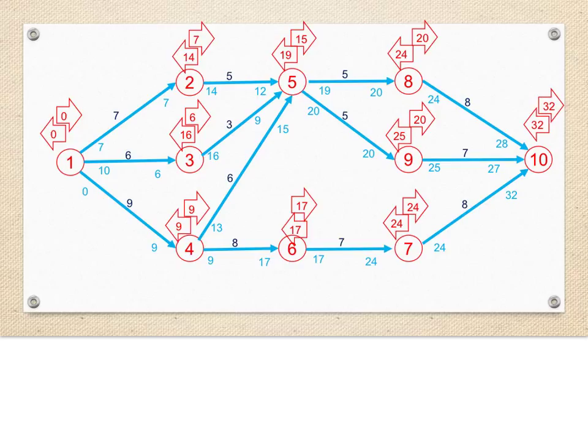We then look at the differences between the earliest start times and latest finish times of each event to determine the critical path. And we find that the critical path is task 1.4, 4.6, 6.7, and 7.10. This is because the difference between the earliest start times and latest finish times of each of these events is 0.